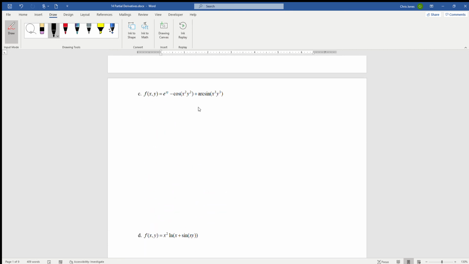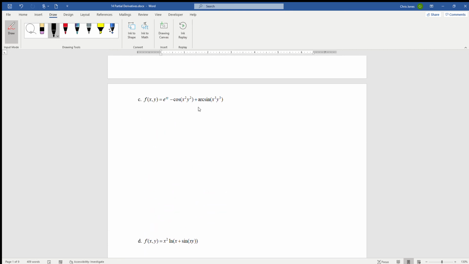All right, so just a couple more examples. These are a little bit tougher because they have a little bit more going on with the interior functions. So we have our partial of x. Derivative of e is e, so we have e to the xy.